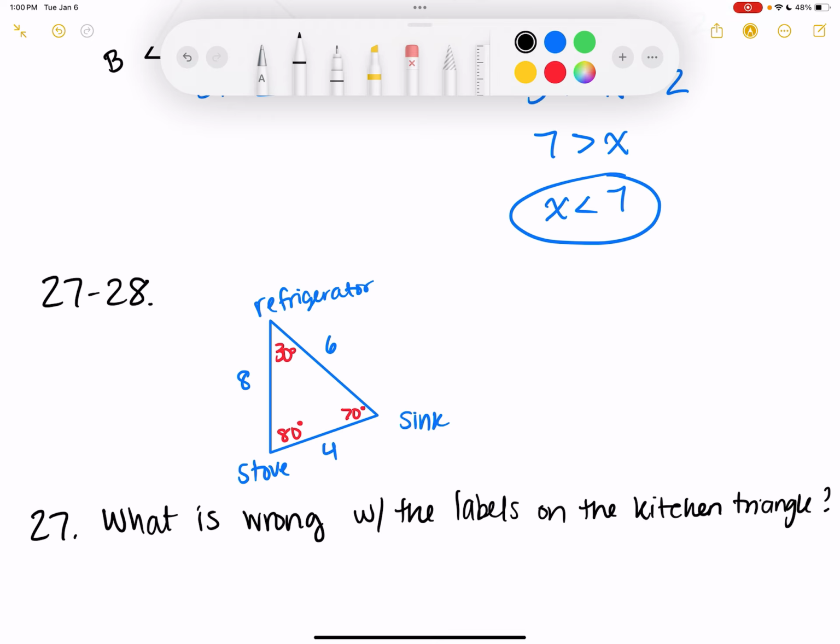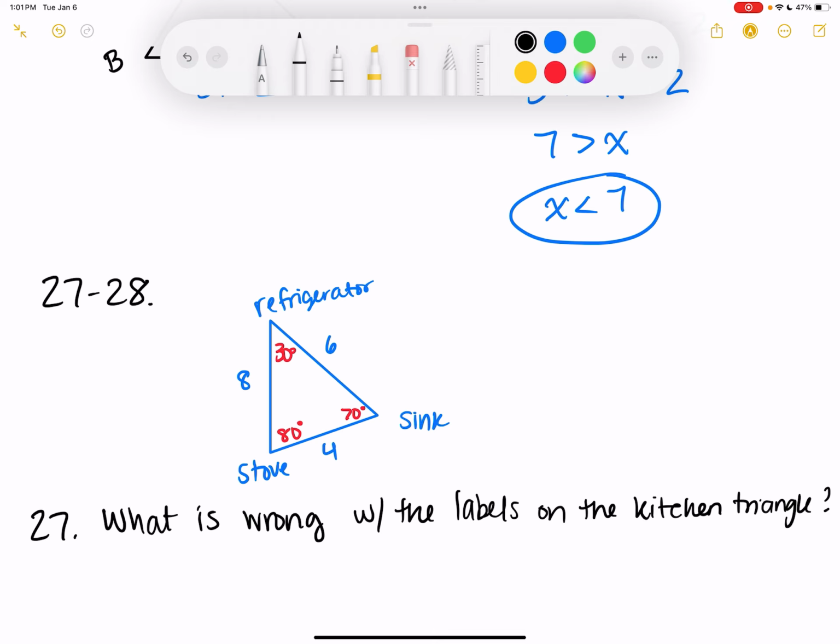8 and 6 don't line up. What do you mean? The angle 6 is 80 degrees when it's supposed to be the other way. Okay, so you're saying they're swapped.